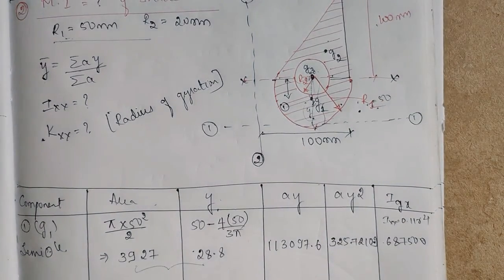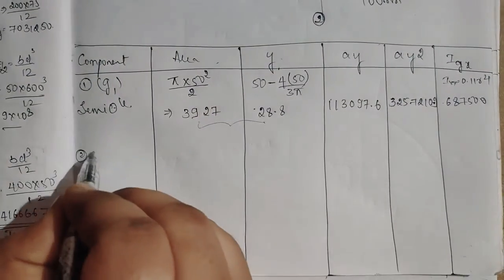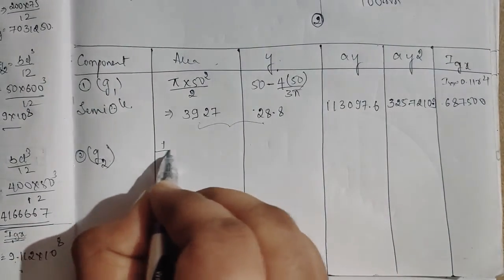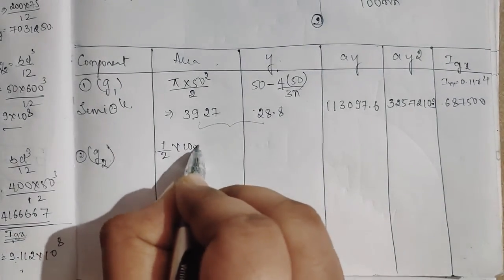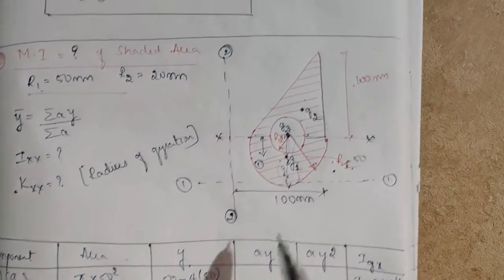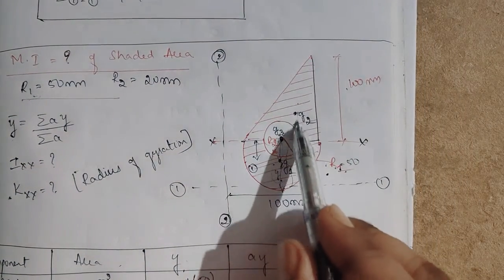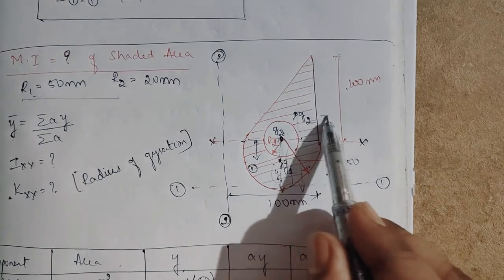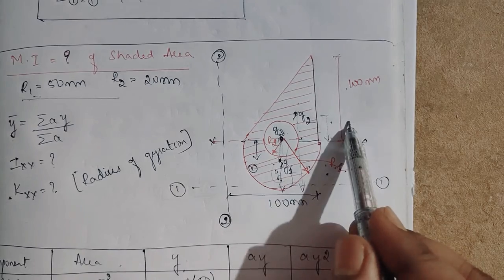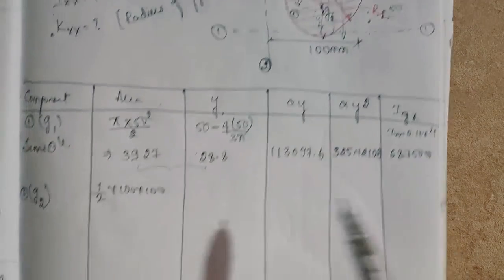So G2 is the triangle. Its area is half into 100 into 100. The value of y from the base is 1 by 3, so 100 by 3 plus 50.